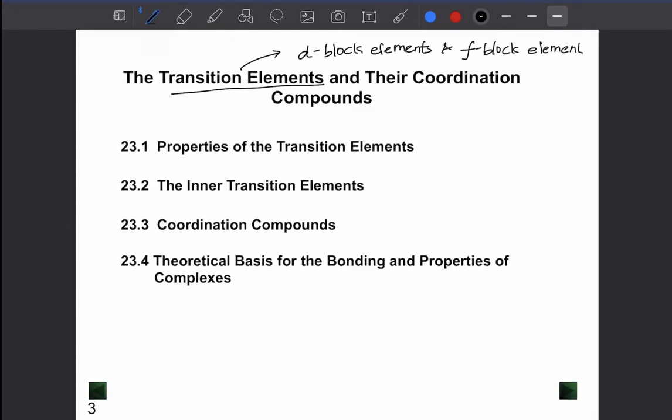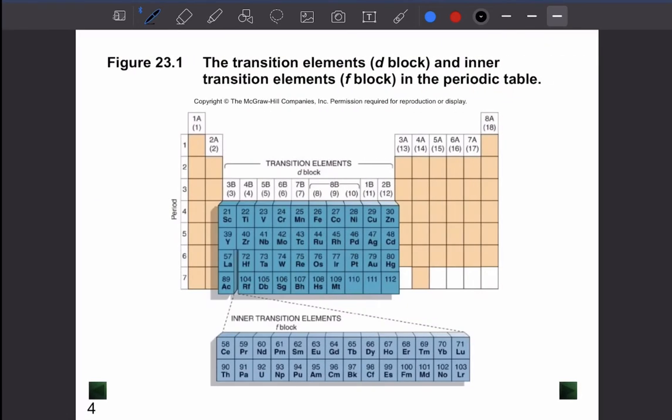The combined elements are called transition elements. We'll see the properties of transition elements, what the inner transition elements are, and we'll see the coordination compounds, the theoretical basis for bonding, and the properties of these complexes. So let's start with transition elements.